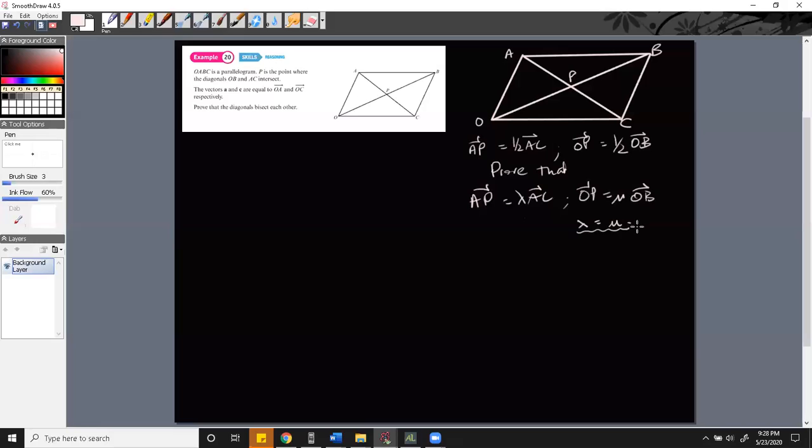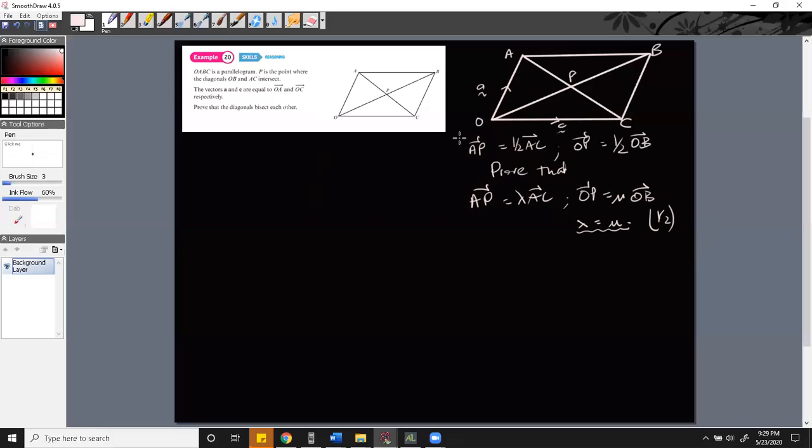That's what we're being asked, and we know that it will have to be a half. So what we've got to do is use the vectors that we're given. We're told that OA is equal to A, and OC is equal to C, respectively, okay?